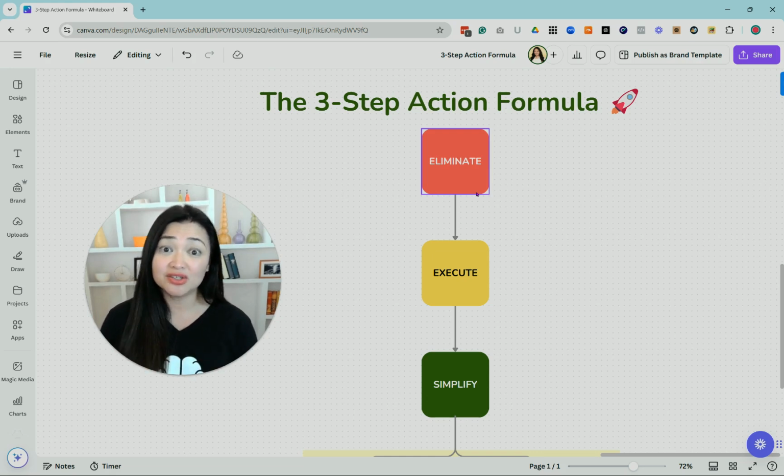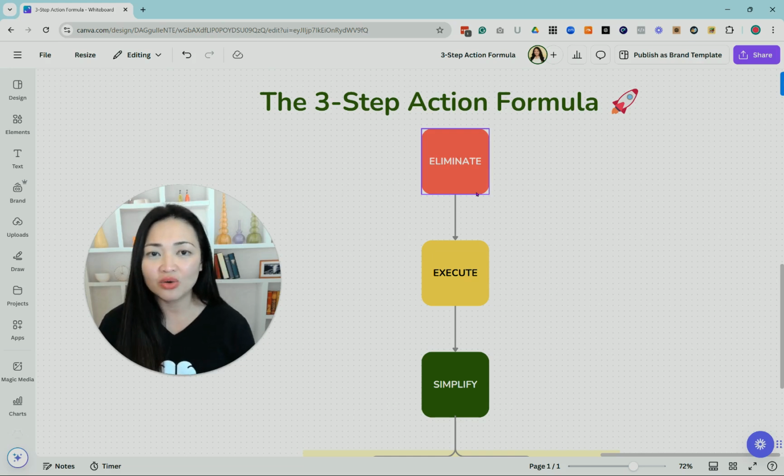You can actually teach it to your kids as well so that they can be ahead in life and know this concept, plant this seed in their head so that next time they don't just execute or do what they're told to do, but they'll actually step back and think about it and eliminate what's unnecessary and then execute with high value tasks.